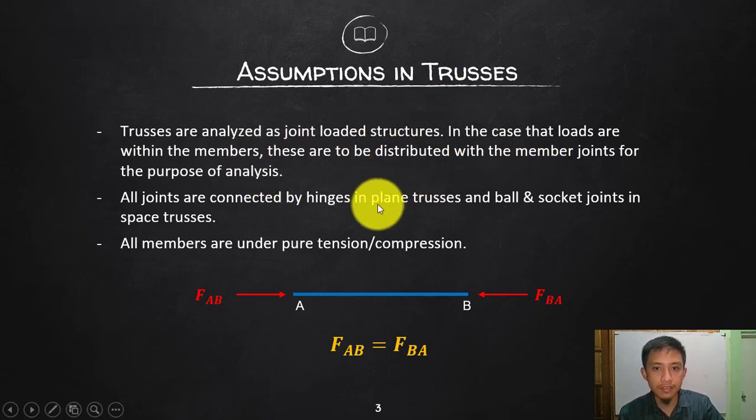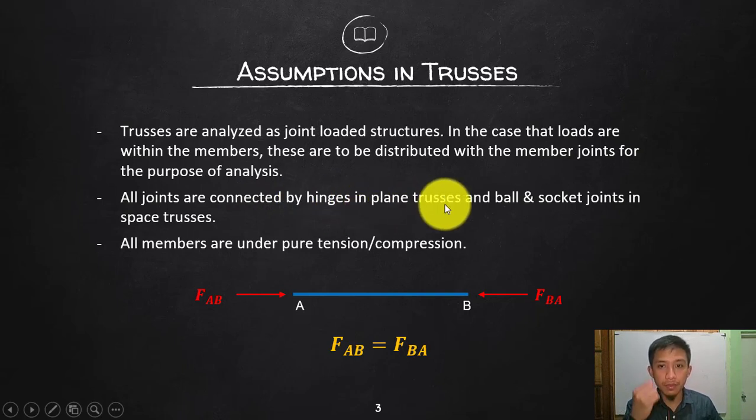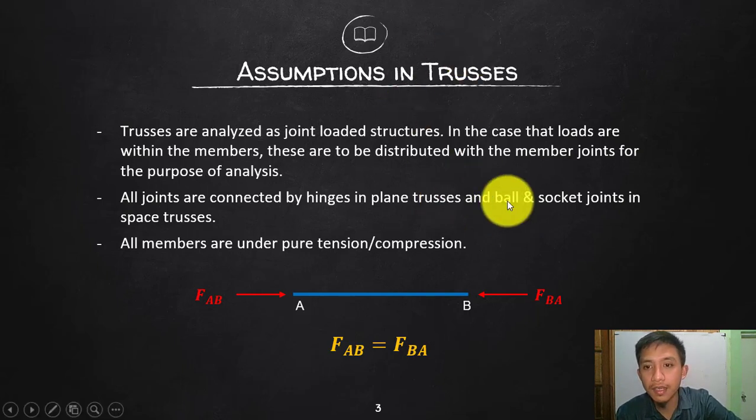Another assumption here is that all joints are connected by hinges in plane trusses. If we are referring to 2D trusses here, the connections are all hinges. That is also discussed in your introduction. If we are talking about space trusses, those have ball and socket joints.